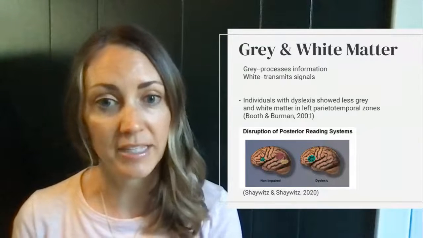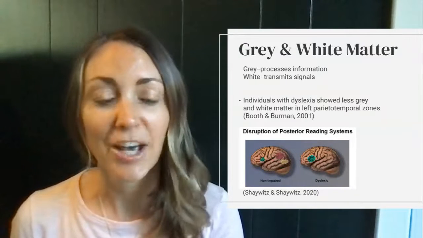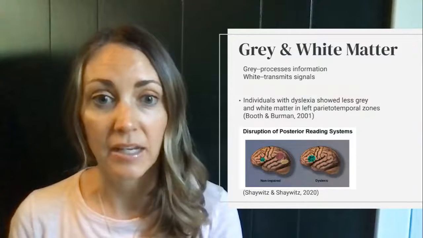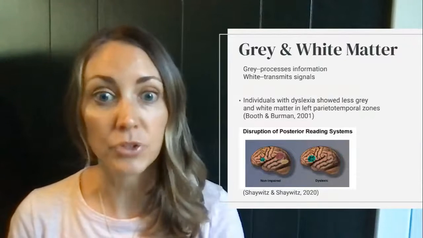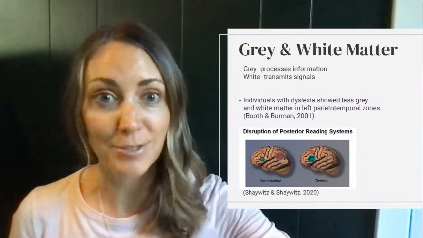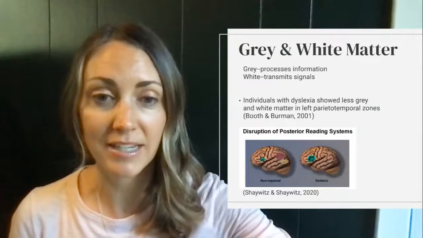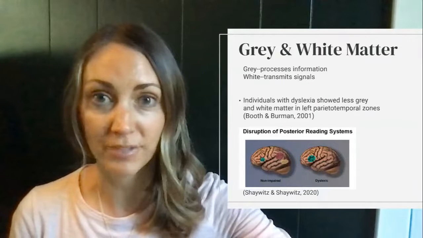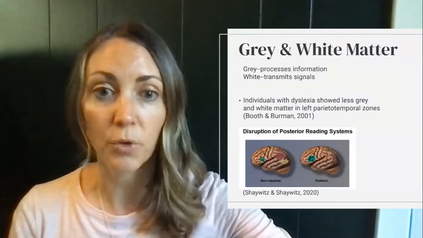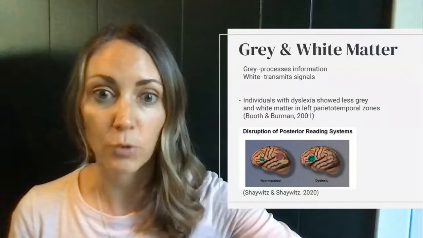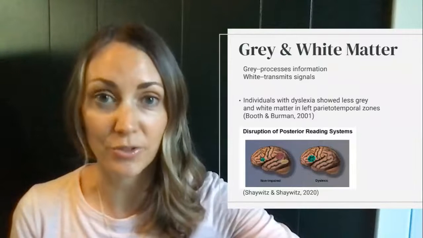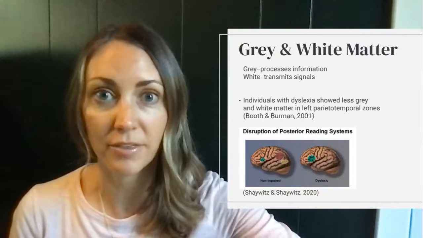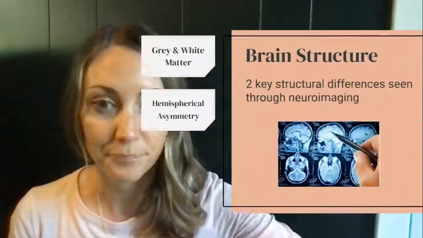So it's not just that there's a lack of activation, but also that structurally they just seem to be built quite differently. But as we'll talk about in a different video, it is actually possible with the use of very targeted interventions to promote more activation in those zones with targeted practice.